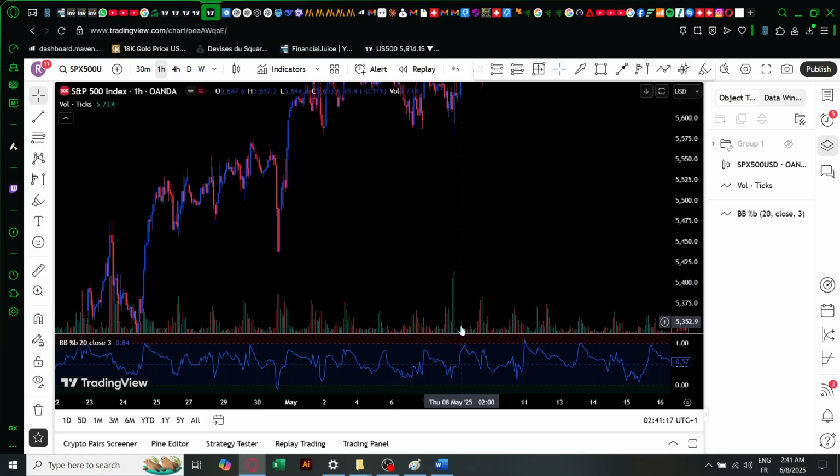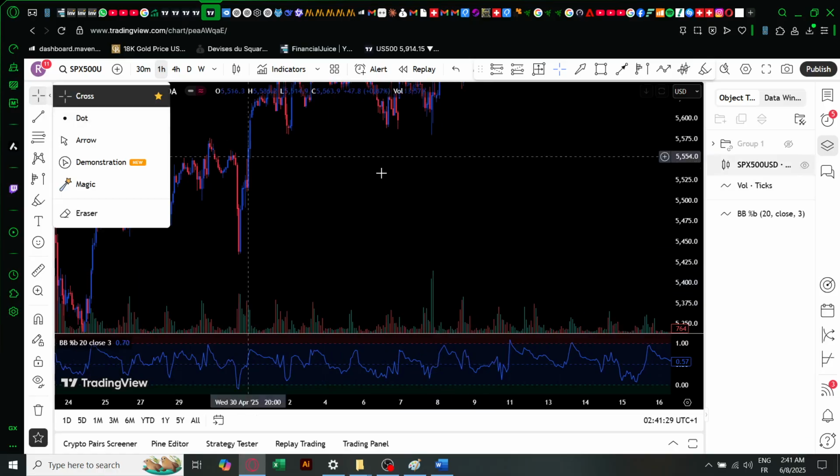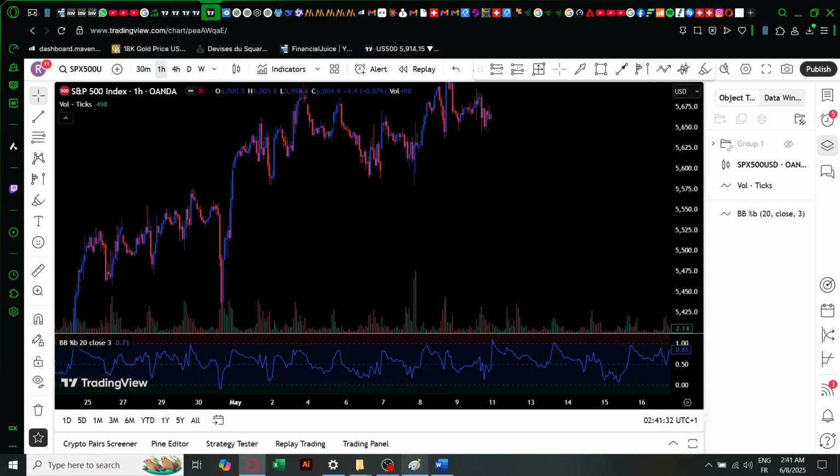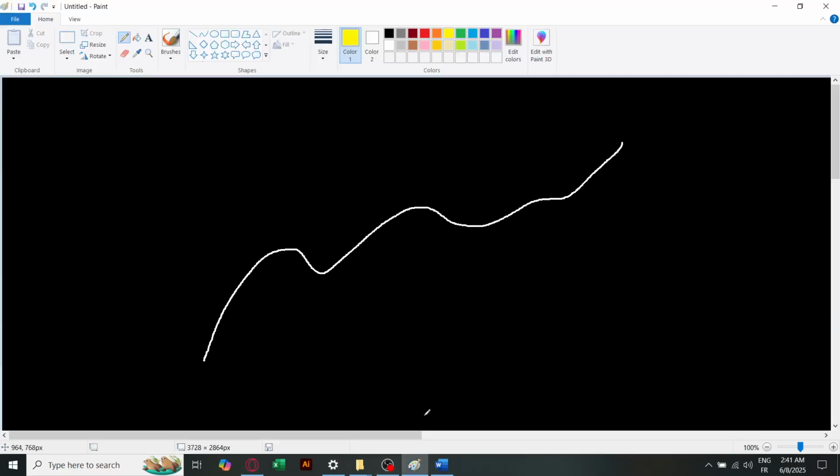So it's volume based on time. Let's say at 8 p.m. we have this huge green candle, and at 6 or 7 p.m. we have this one. So this is volume based on time, and you find it over here. This is useless, we don't use it.